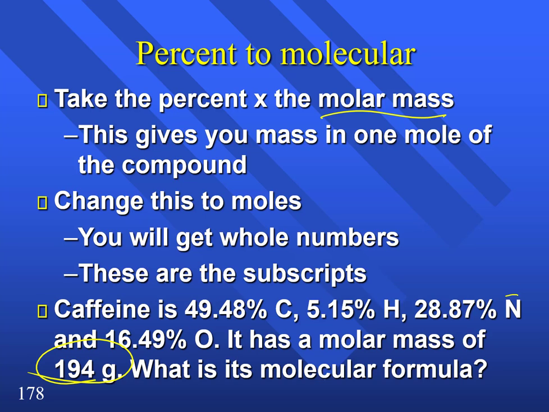So 194 times 0.4948 equals 96.0 grams of carbon. 1 mole of carbon weighs 12.01 grams. If you divide that by 12, you get 6. Or you get 8, sorry, 8. So the real formula is C8.